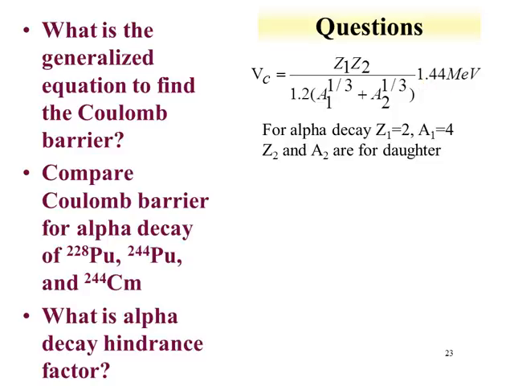We'll see in other examples for Coulomb barrier that this equation can vary a little bit, and a lot of it has to do with what nuclei were evaluated to derive the equation.